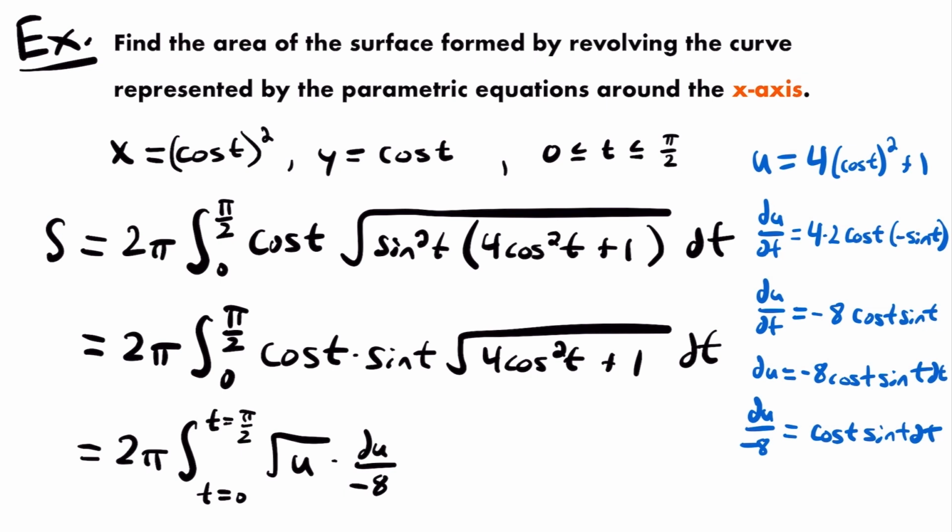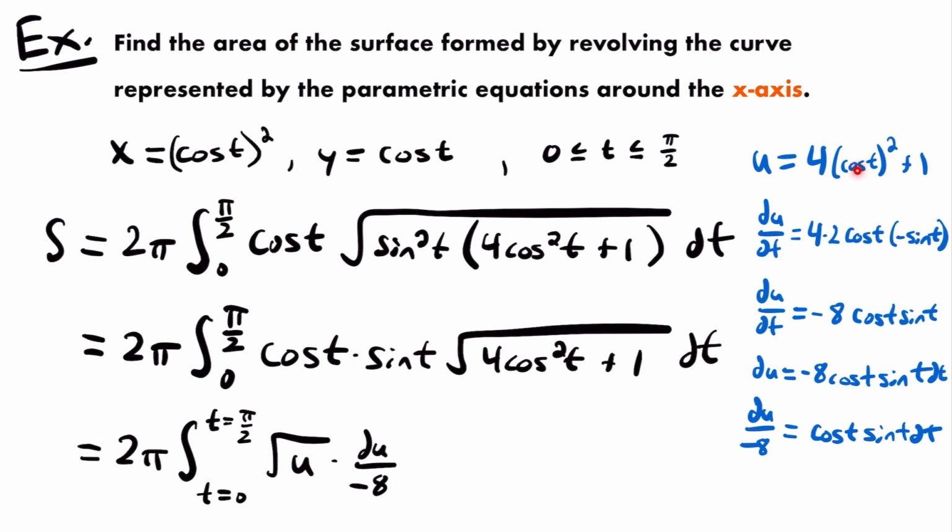We can see how we can integrate the square root of u, but before we do that, we should rewrite our bounds of integration in terms of u. That way our whole integral will be in terms of u. And so we can do that by plugging in these values of t into the equation for what we set u equal to. If we start with our upper bound of t equals pi divided by 2, u will be equal to 4 times cosine of pi divided by 2 squared plus 1.